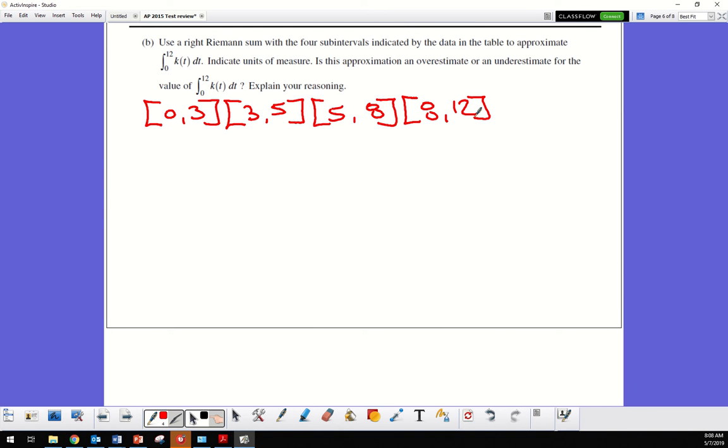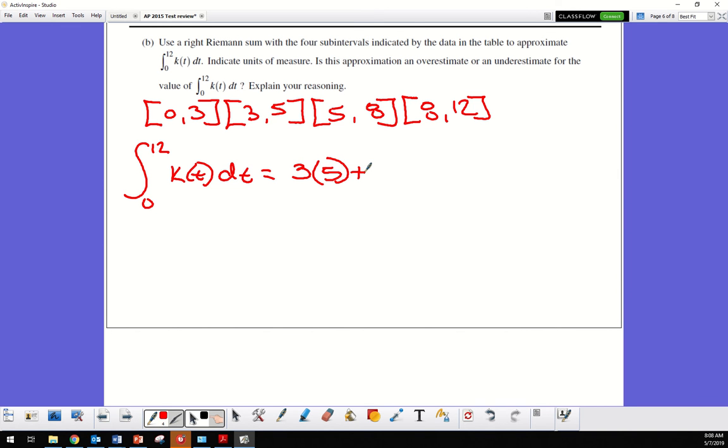So the integral from 0 to 12 of k of t dt is equal to, okay, so now what is delta x, my thickness for this first one? 3 minus 0, which is 3, times, what was k of 3? 5.